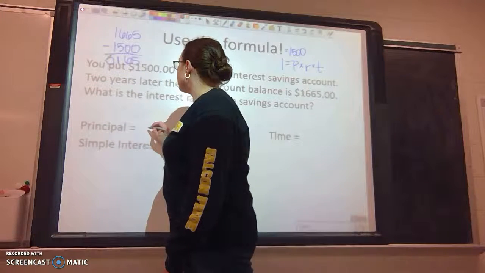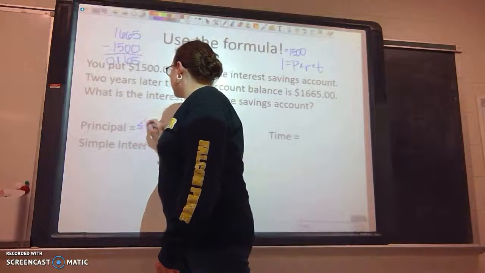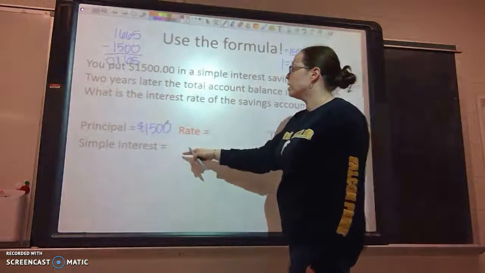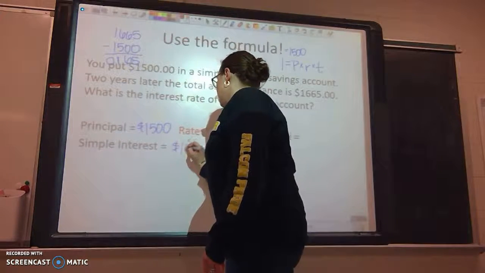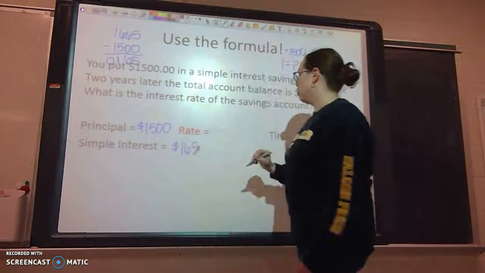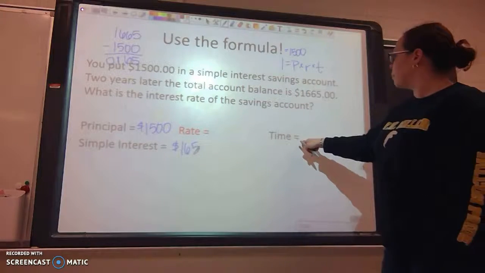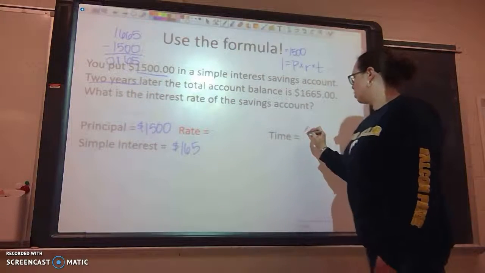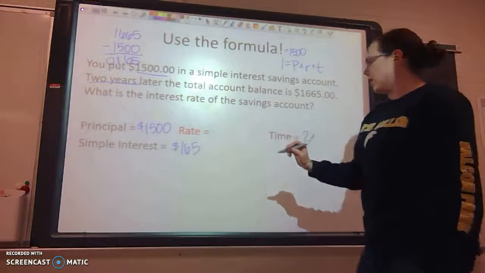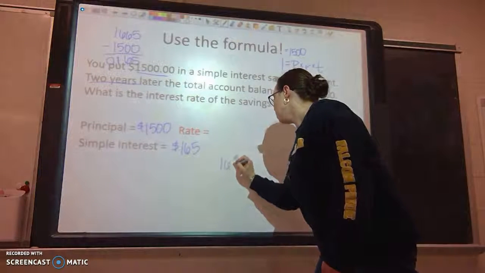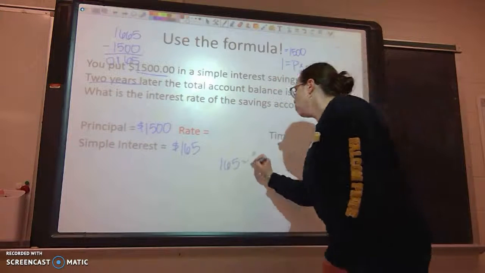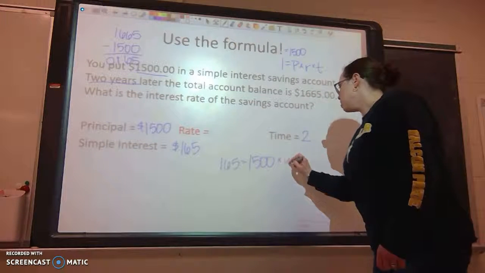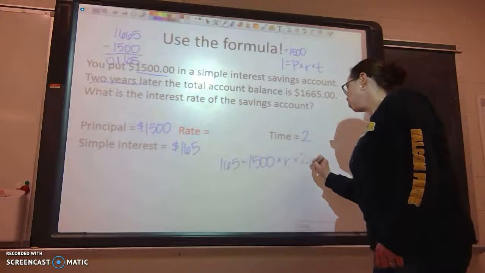So the principal is $1,500, our interest was $165, and our time is 2 years. So my interest, 165, equals principal, 1,500, times my rate, times 2.